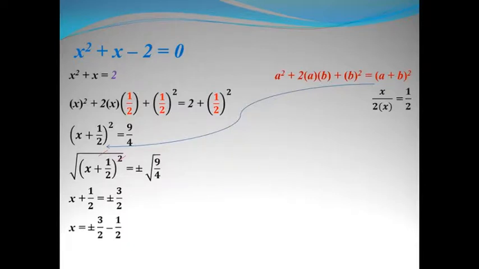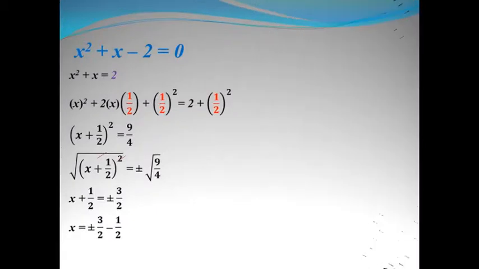Now again erase the board from the right side. Now we will split this equation into 2 different equations, that is with positive 3 by 2 and then with negative 3 by 2. We have x equals positive 3 by 2 minus 1 over 2, or x equals negative 3 by 2 minus 1 over 2.